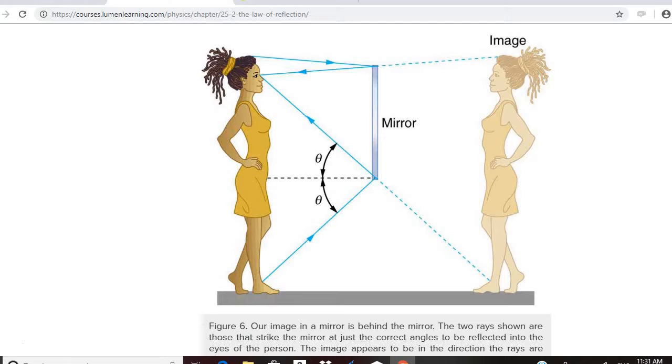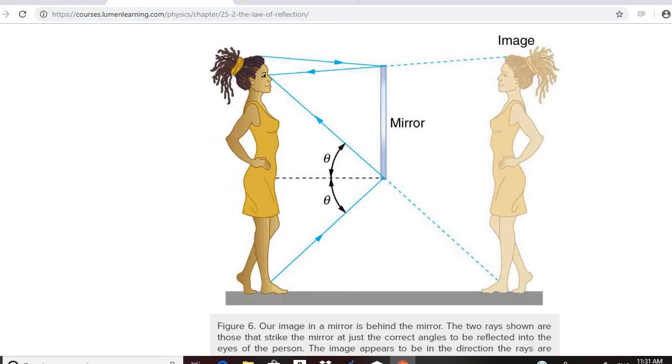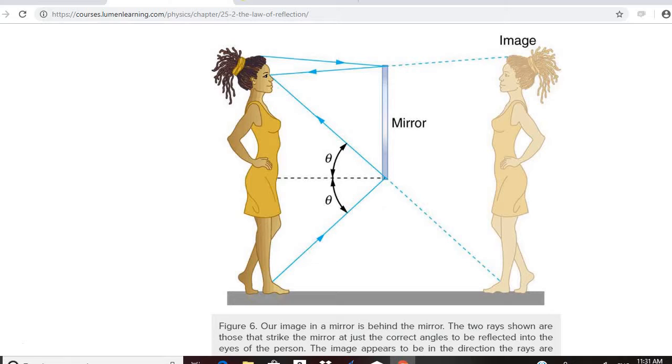And then the other thing that you should notice is that this reflected light that's coming off of the mirror into our eyes appears as if it's coming from behind the mirror.